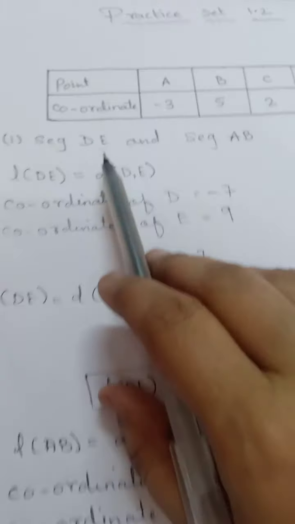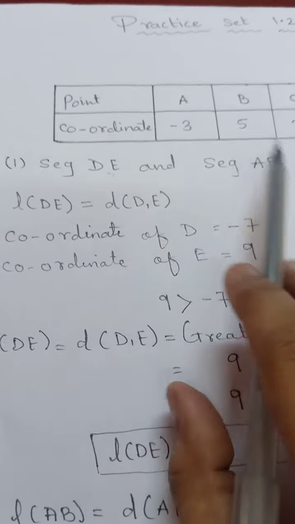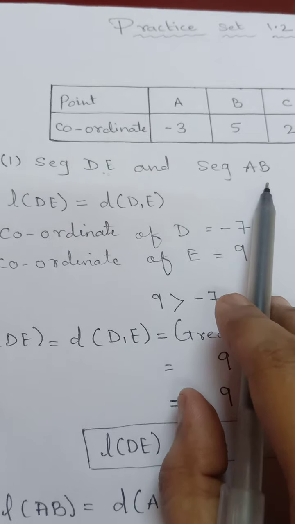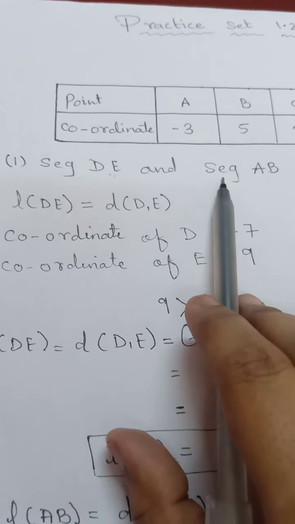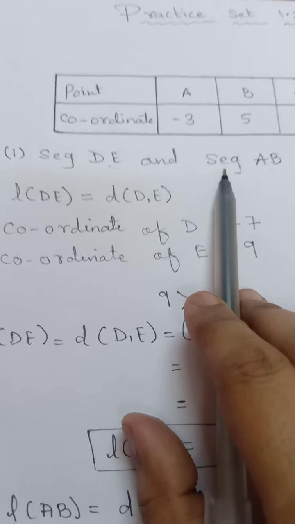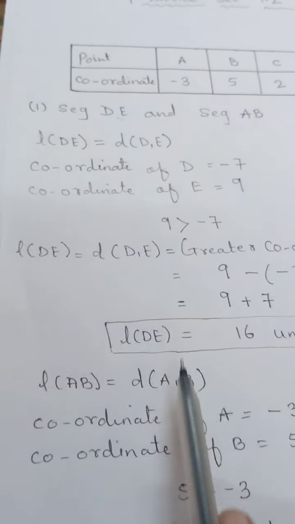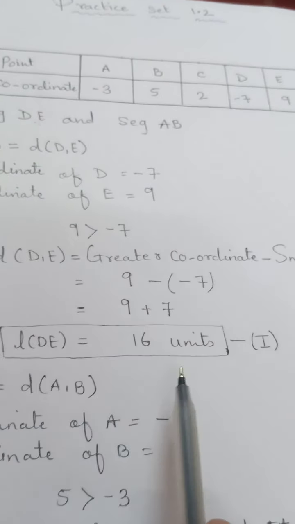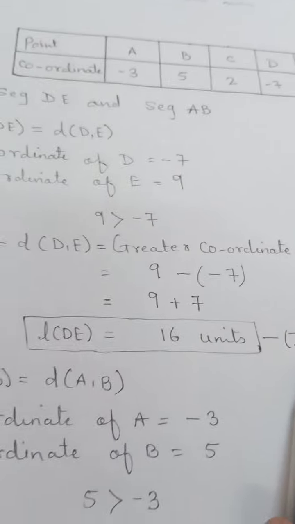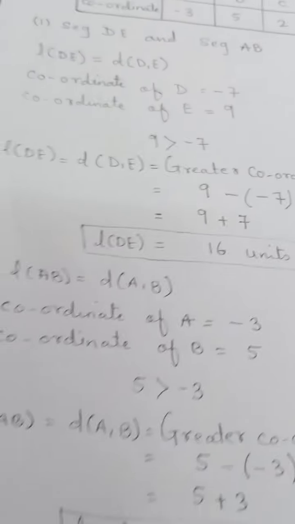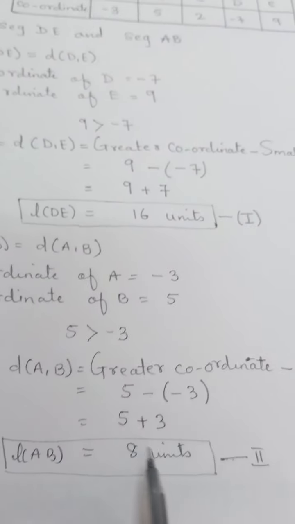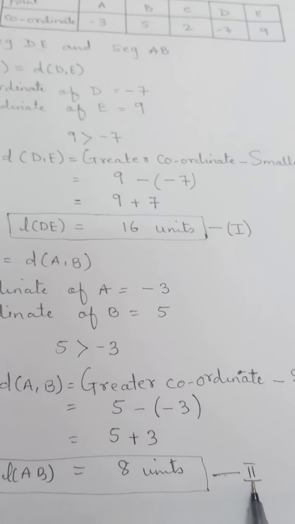Now we have to decide whether this segment DE and AB are congruent or not. That means we have to decide whether these segments have the same length or not. So here we have calculated length of DE. We got 16 unit in equation 1. Here we have calculated the length of AB. So we got here 8 unit, that is in equation number 2.